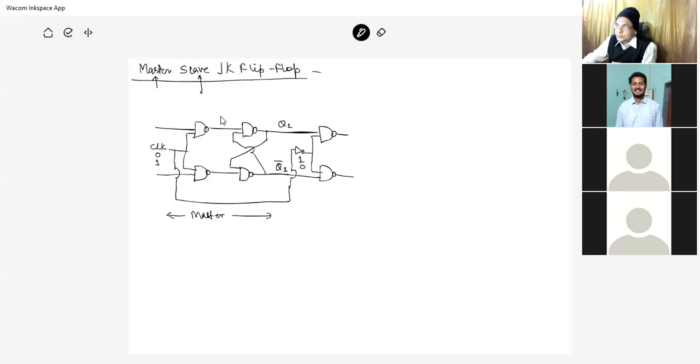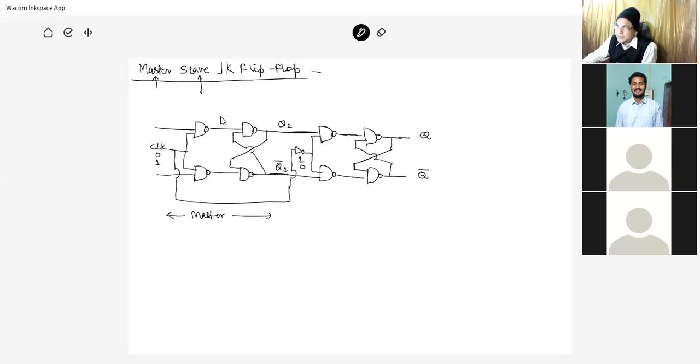And the output of this NAND gate is again fed to the NAND gates. These are the NAND gates, and the outputs of these NAND gates are latched as it is. This is the Q output, and here is Q bar, the final output.